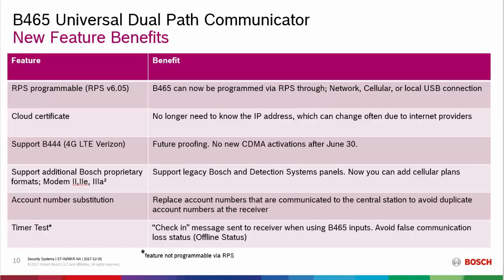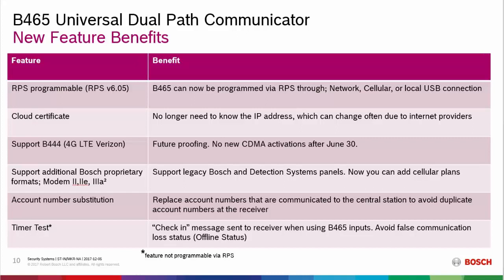The next feature that we added for the 465 is support for modem formats. So this is all our Bosch and Detection Systems legacy panels that are currently installed, pretty widespread. When we launched the 465, we didn't have compatibility with our own formats. So now we have support for modem 2, modem 2E, and modem 3A squared.